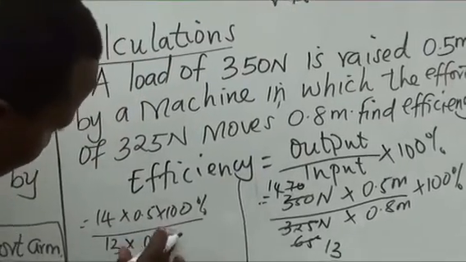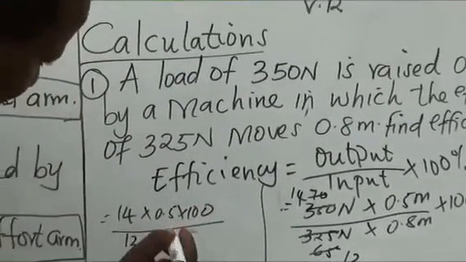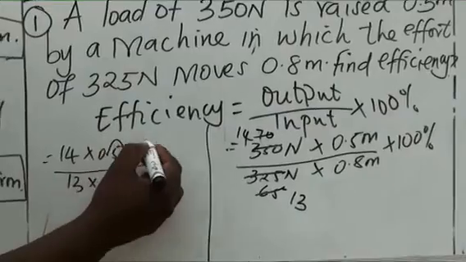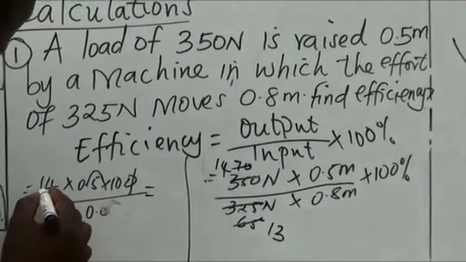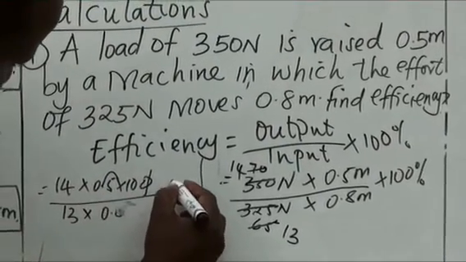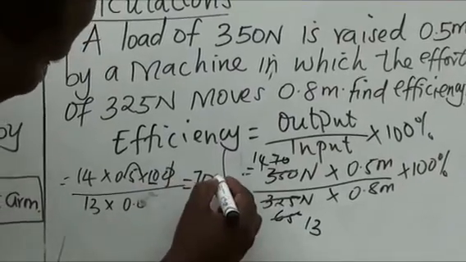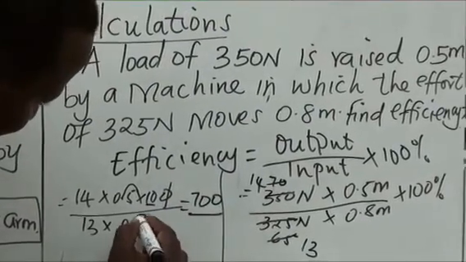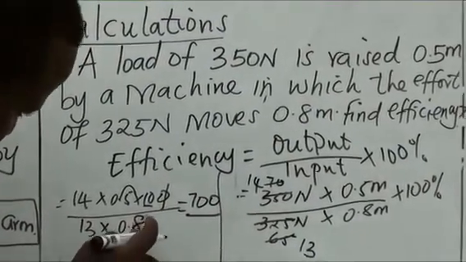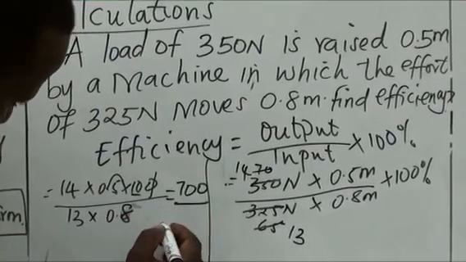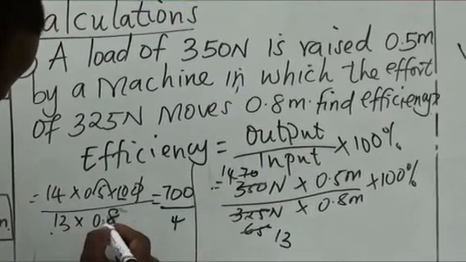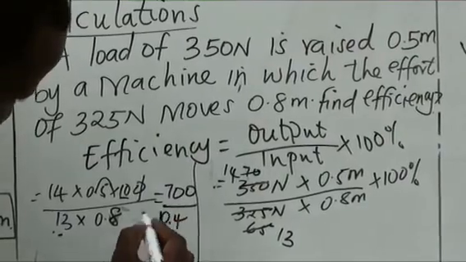All right. Now, this 100 can make the decimal point move one step. I'm going to have 14 times 5, which is 70, times that 10 is 700, over 13 times 8, which is 104.